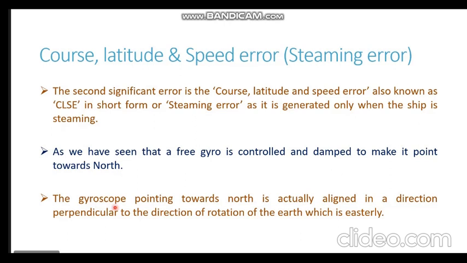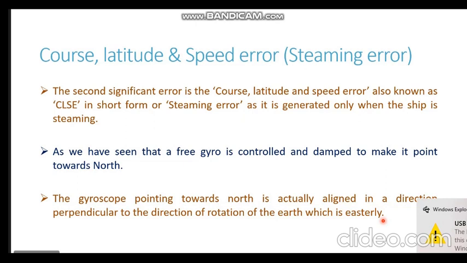Now the gyroscope pointing towards the north direction is actually aligned in a direction which is perpendicular to the direction of rotation of the earth, which is easterly. Now to us it appears as if the spin axis of the gyro compass is pointing in the northerly direction, but there is a catch to it.